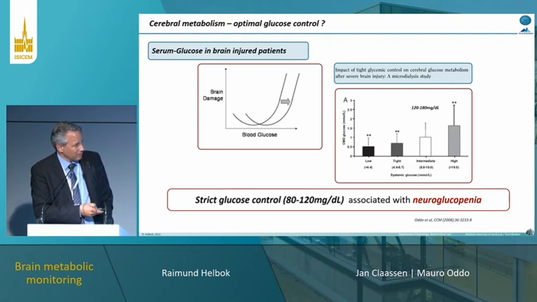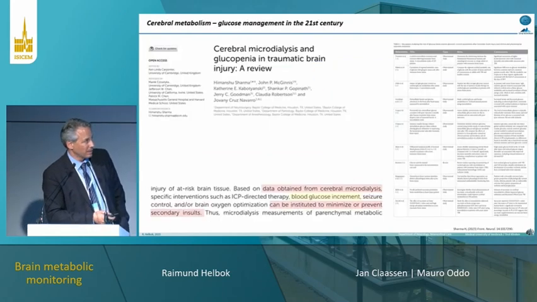In one study published by Mauro several years ago, he could show that tight glycemic control is associated with lower levels in the cerebral microdialysate, which are critically low levels, and these patients also had worse outcome. And with higher glucose measurements in the serum, we also achieve higher glucose measurements in the brain.